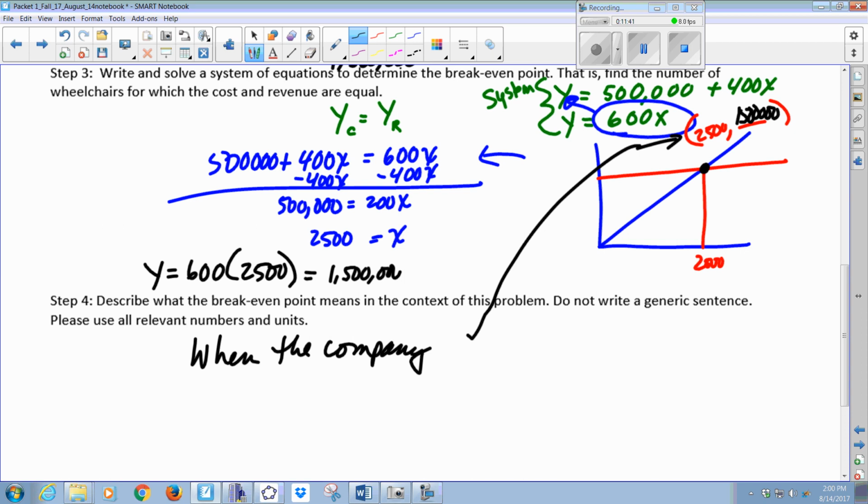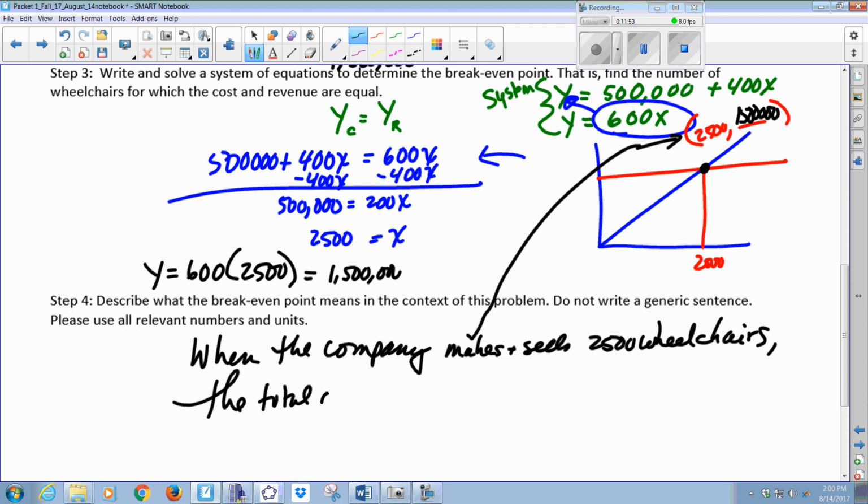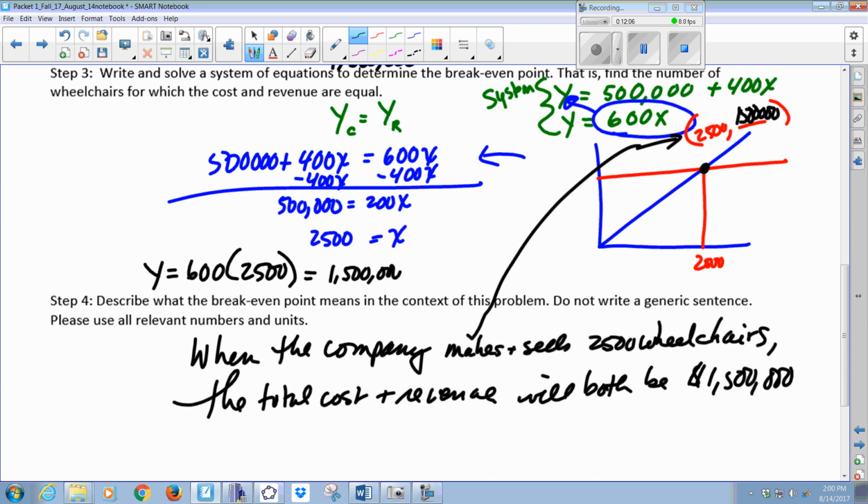So when the company makes and sells 2,500 wheelchairs, the total cost and revenue will both be $1,500,000. That's what that break-even point means.